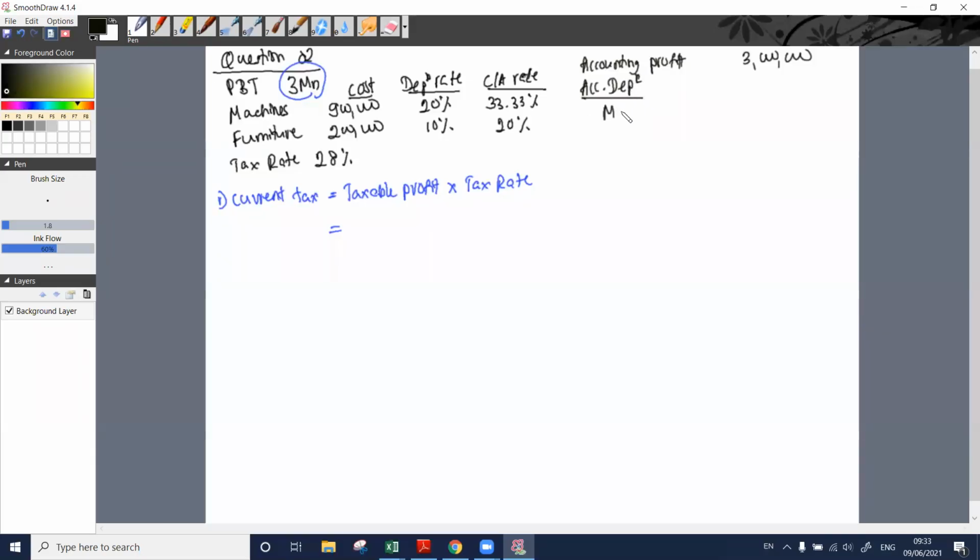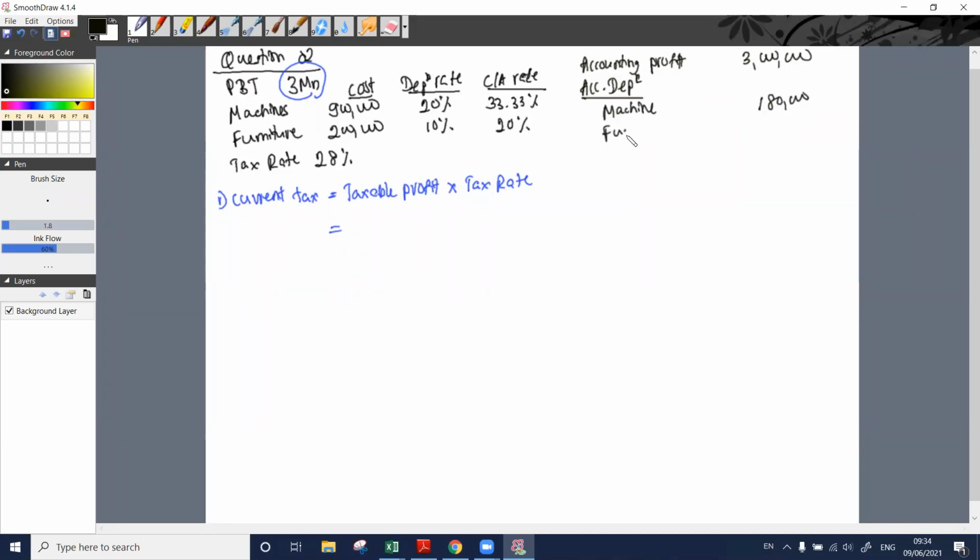In terms of machinery, what is the accounting depreciation? Machine wala accounting depreciation එක කීයද? 900,000 into 20%, that is 180,000. 180,000 is the accounting depreciation of machineries.